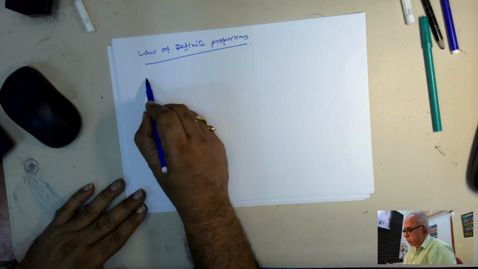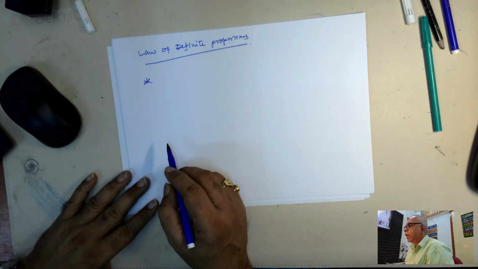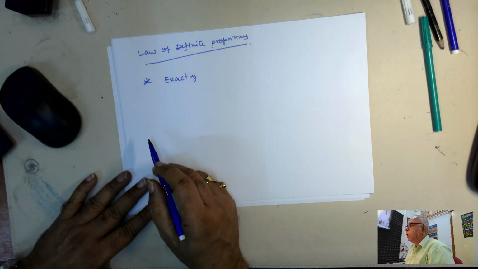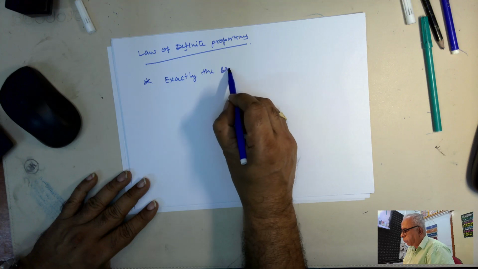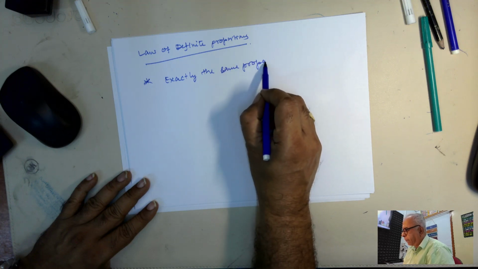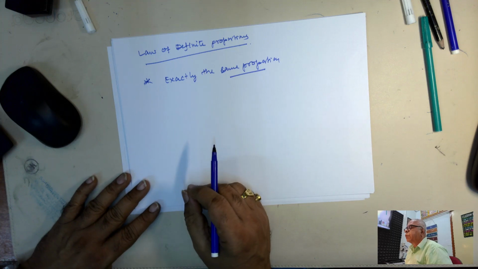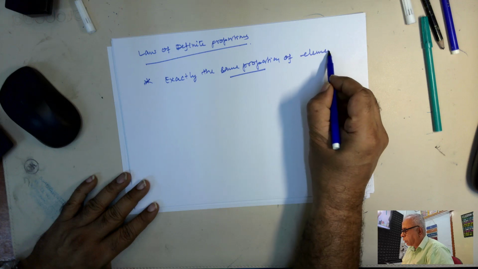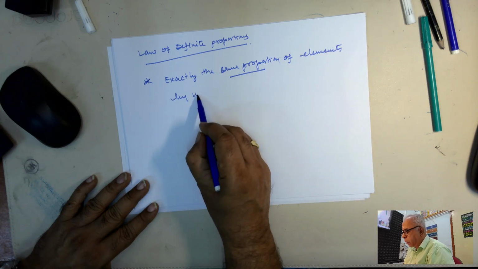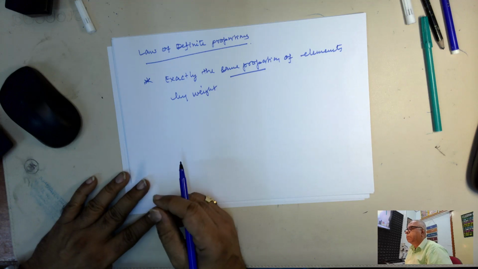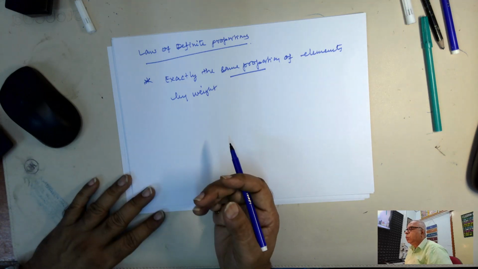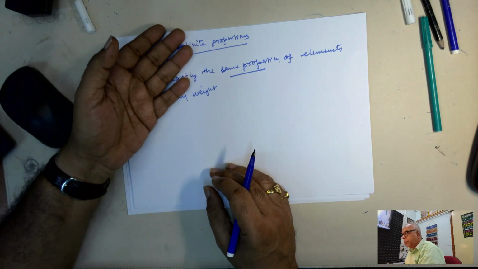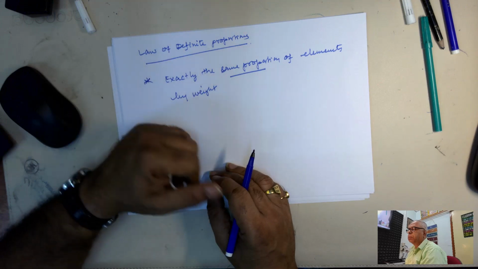According to this law, a given compound always contains exactly the same proportion of elements by weight. This is also called the law of definite composition. You can call it either definite composition or definite proportion.